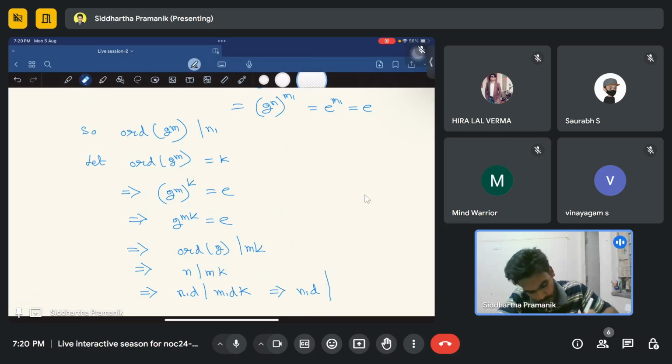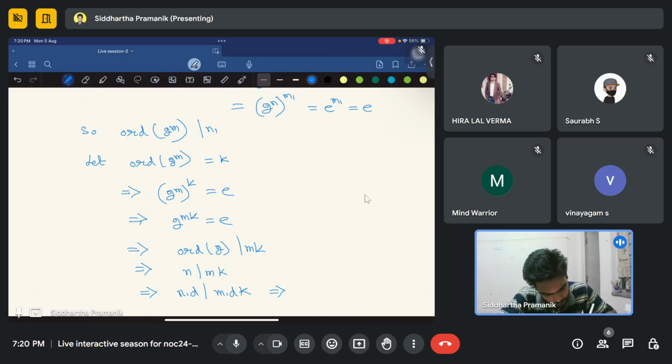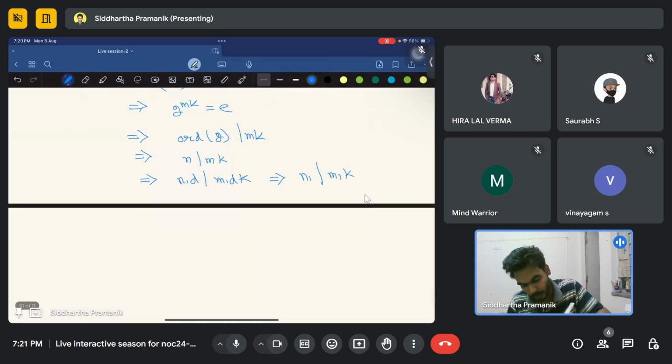Okay, sorry, first we should cancel the d. So n1 divides m1k. Now GCD of n1 and m1 is 1. So n1 must divide k, because GCD of n1 comma m1 is equal to 1.